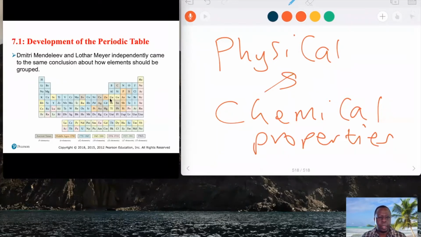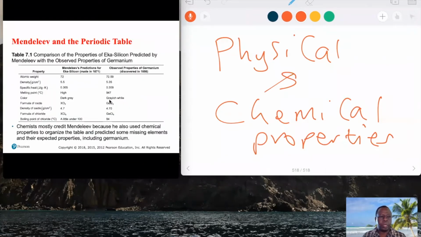The elements below these two, aluminum and silicon, were missing at that time, and Mendeleev predicted that when those elements will be discovered, this is what he predicted. But when those elements were discovered, you can look at how close he was in terms of predicting the atomic weight, all right?